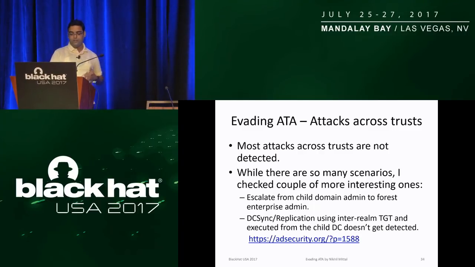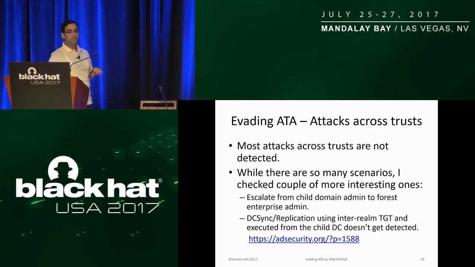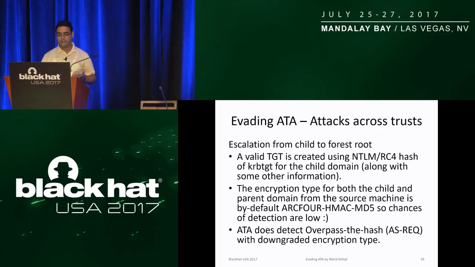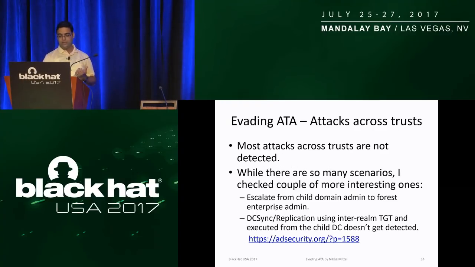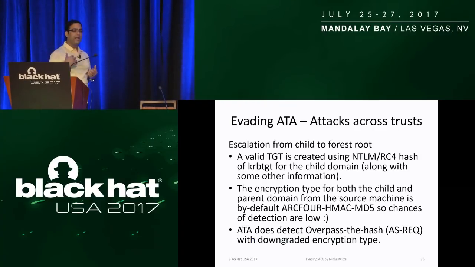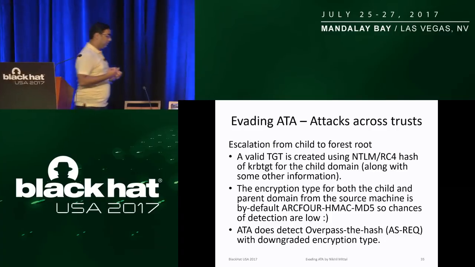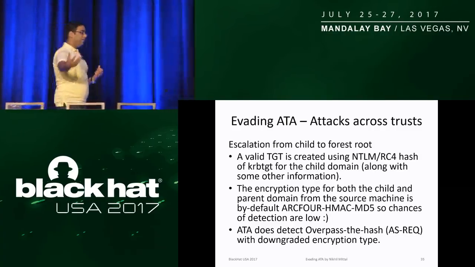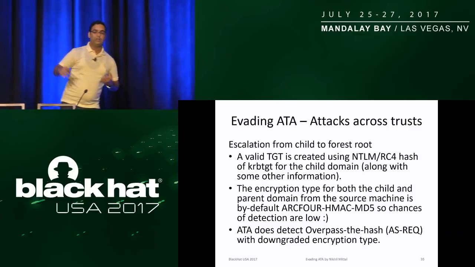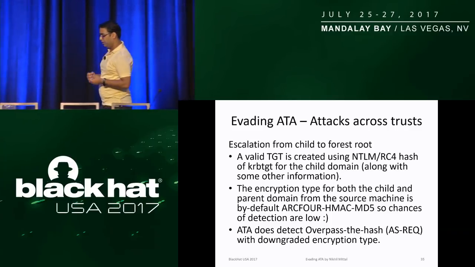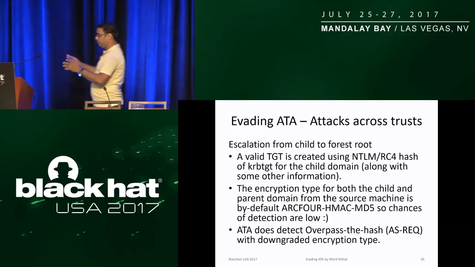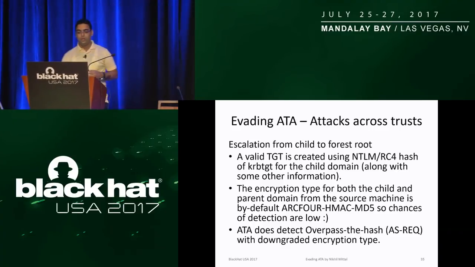Nevertheless, let's have a look at a couple of attacks across trusts which don't get detected. One is the well-known one, where you get access as a domain administrator in a child domain, and you escalate your privileges to enterprise admin. There is no detection at all.